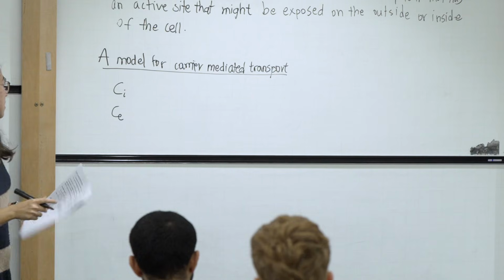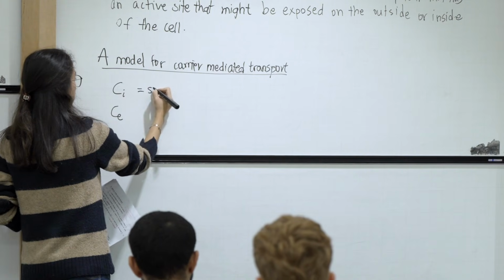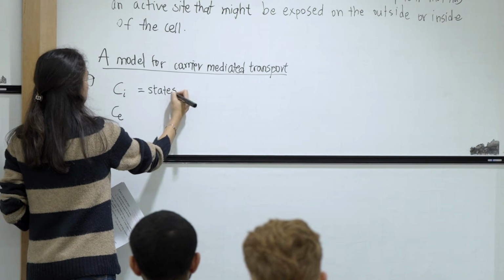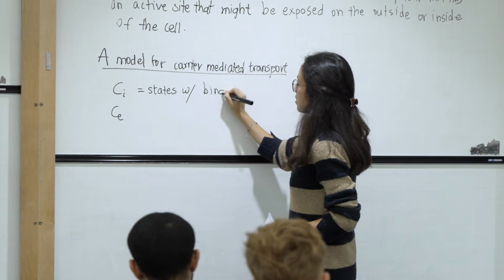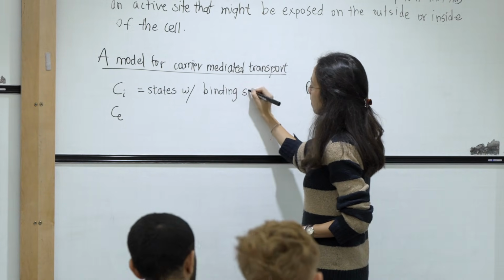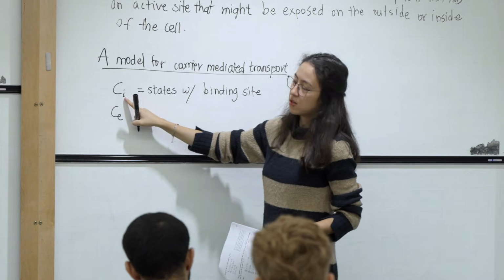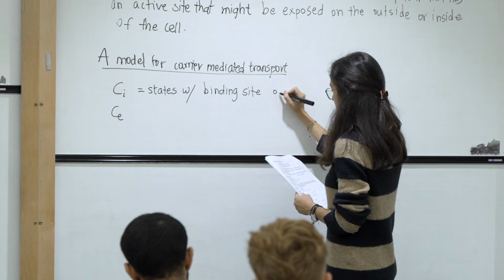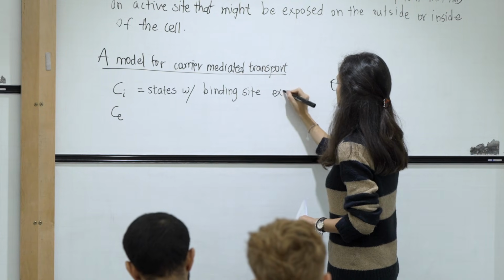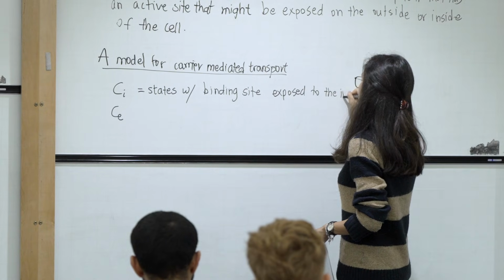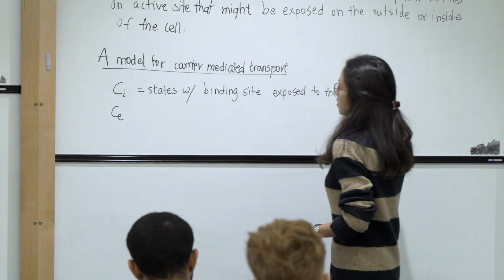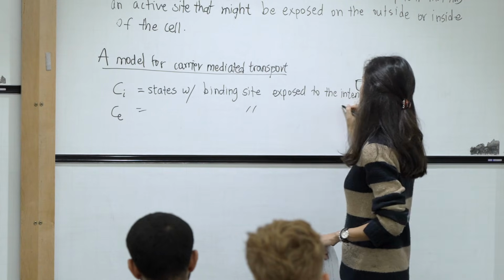These are going to be the states with the binding or active site on the interior of the cell wall. Interior. These are going to be exactly the same, but on the exterior.